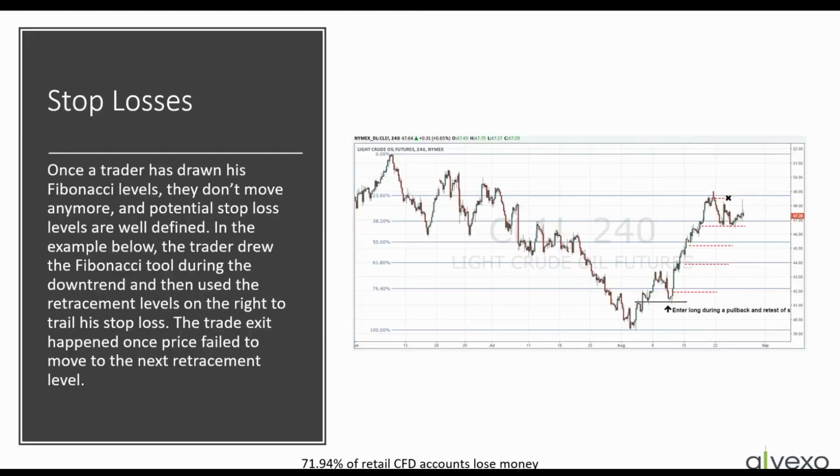Once a trader has drawn his Fibonacci levels, they don't move anymore, and potential stop loss levels are well defined. In the example on the right over here, the trader drew the Fibonacci tool during the downtrend and used the retracement levels to trail his stop losses. The trade exit happened once price failed to move to the next retracement level.